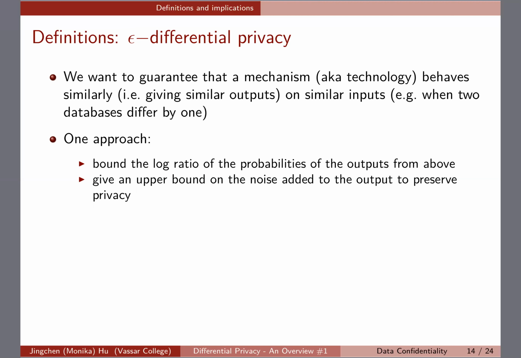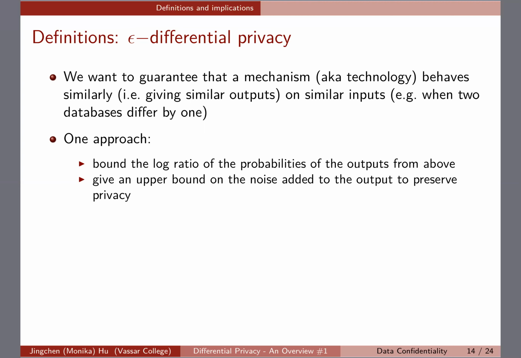We want to add noise in a way that the output will be very similar, because through that, you can guarantee that the data analyst, the receiving end of the output, won't be able to tell or differentiate whether somebody's in the database or not. So the particular approach differential privacy is taking is that they're trying to bound the log ratio of the probabilities of the outputs from above.